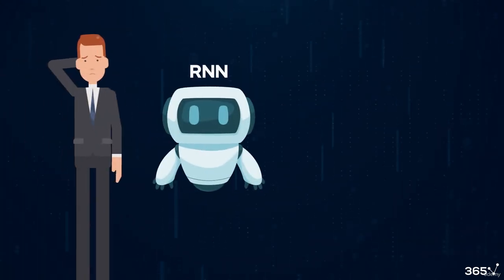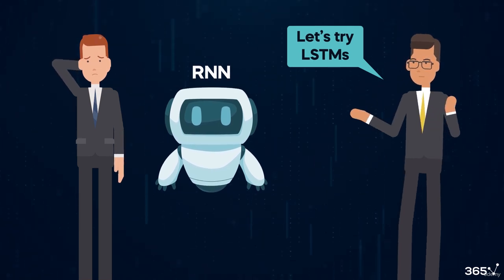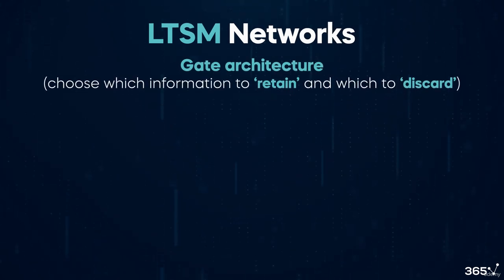To solve this, AI scientists developed long short-term memory, or LSTM networks. LSTMs improved traditional RNN models by introducing a gate architecture to choose which information to retain and which to discard.